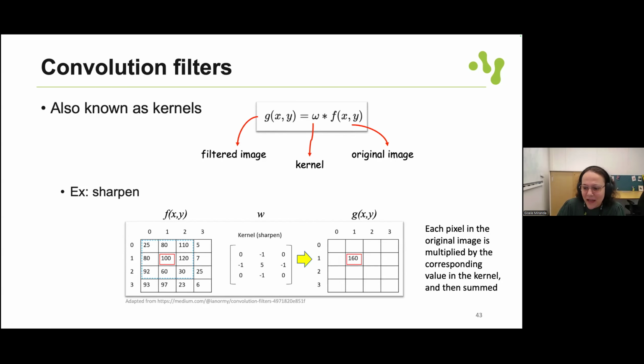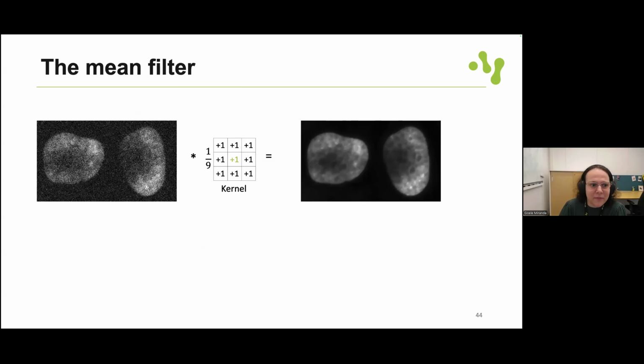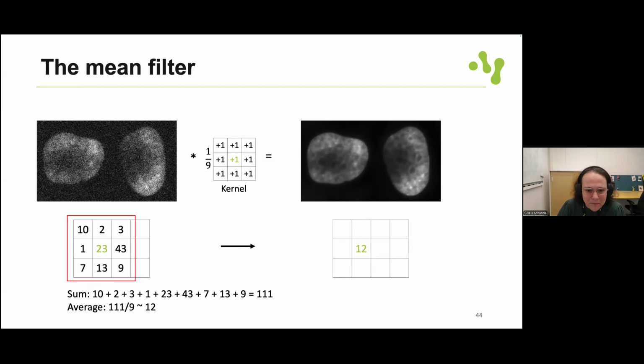And what's the effect, right? These operations are quite powerful. Here we have the example of the mean filter. Here's the kernel representing the mean filter. As I said, you don't need to remember this, it's just to represent the convolution operation here.